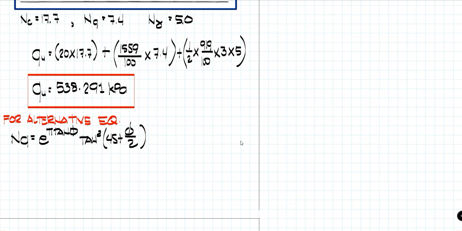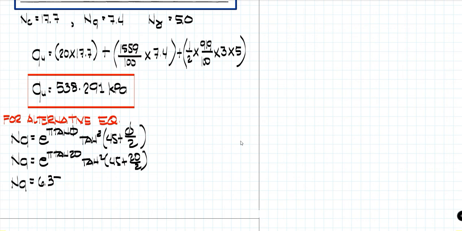So, now, kunin natin yung NQ natin from this equation. We have here E raised to pi tangent of 20 times tangent squared times 45 plus 20 over 2. Our NQ coming from this equation will just be equivalent to 6.3994. So, that will be our NQ.